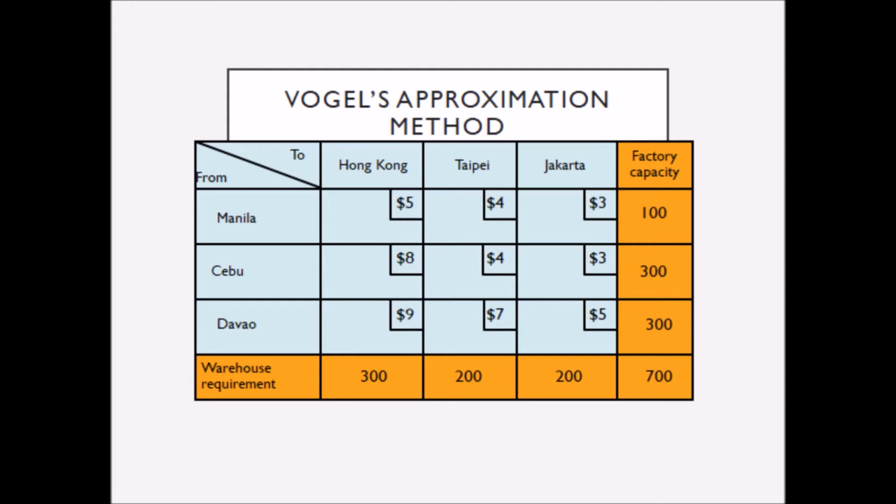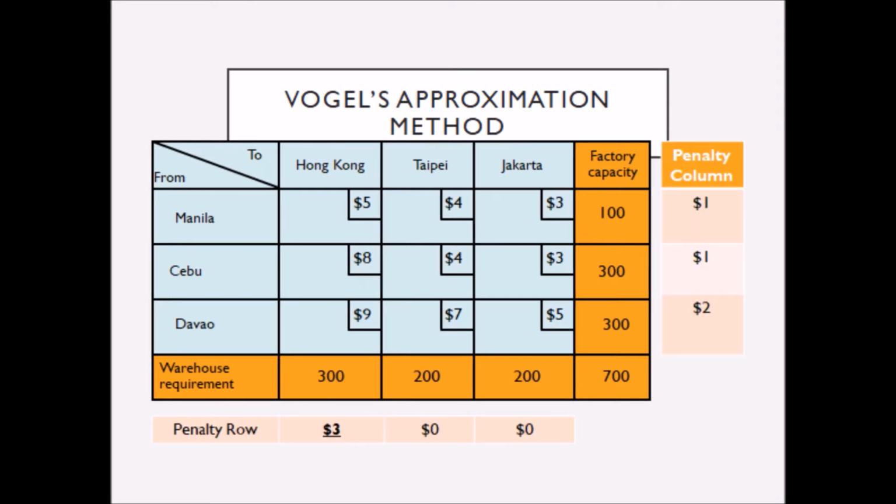To start off, let's look first at the row of Manila. We have to get the second least cost and the least cost, after which we get their difference to determine the penalty. So for Manila, we have 4 minus 3, which is equal to 1, because these are the two least costs for that row.